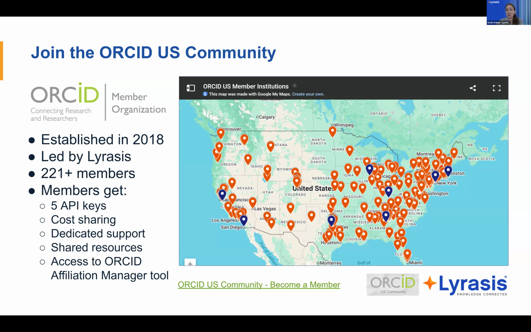And we work together with all of our partners to share best practices and encourage adoption of ORCID across the US. So this map shows a snapshot of our current members, with the darker points representing our newest members, but we're up to, I think, 221 member organizations right now. And one of the really great things about this community is that we share and learn from each other. For example, the 2 case studies that you are about to hear next.